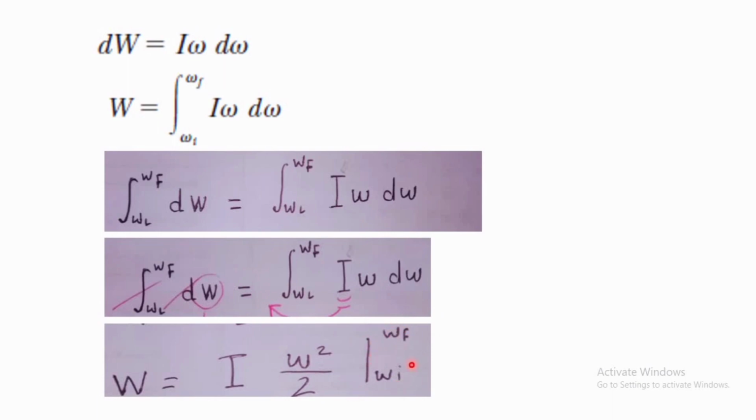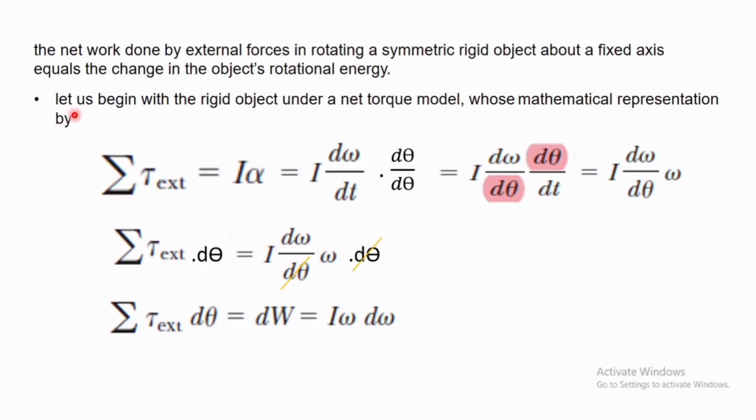To evaluate that, we substitute the final minus the initial, which leaves us with the work equal to half moment of inertia times omega final squared minus half moment of inertia times omega initial squared. And if you have a good memory again, that expression is equal to the rotational kinetic energy. So the change of the rotational kinetic energy is equal to the work. From the start of the proof to the end, that is the work-kinetic energy theorem for rotational motion.